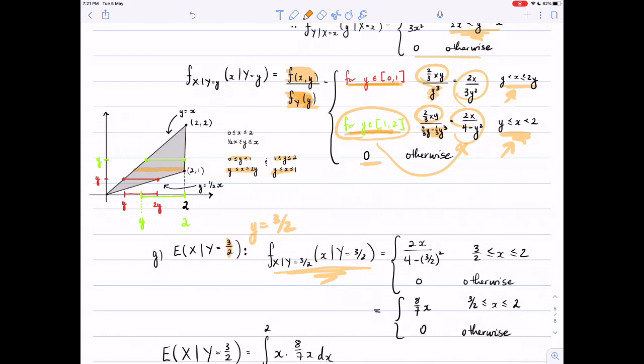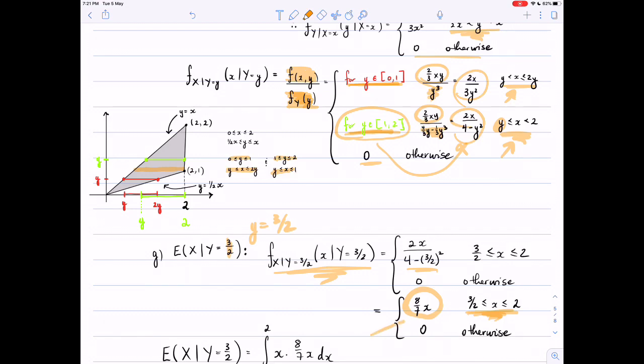Plug that in, and here we get that distribution, which simplifies to this, with the support adjusted. Y is 3/2, so this is from y to 2, so from 3/2 to 2.